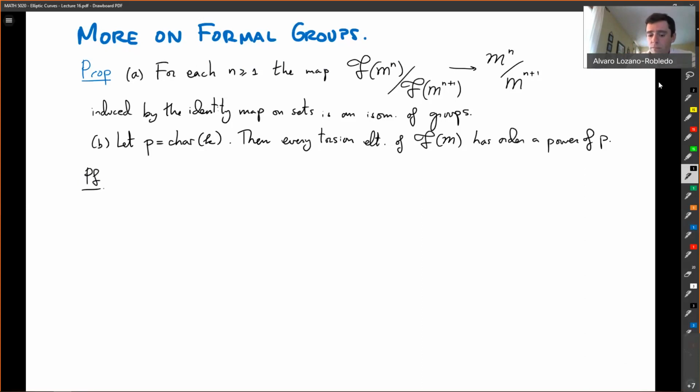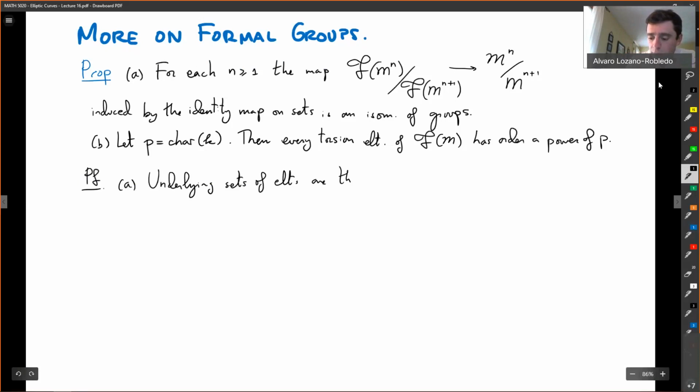So for part A, as I said, the underlying sets of elements are the same. So it suffices to prove that the map is a homomorphism.